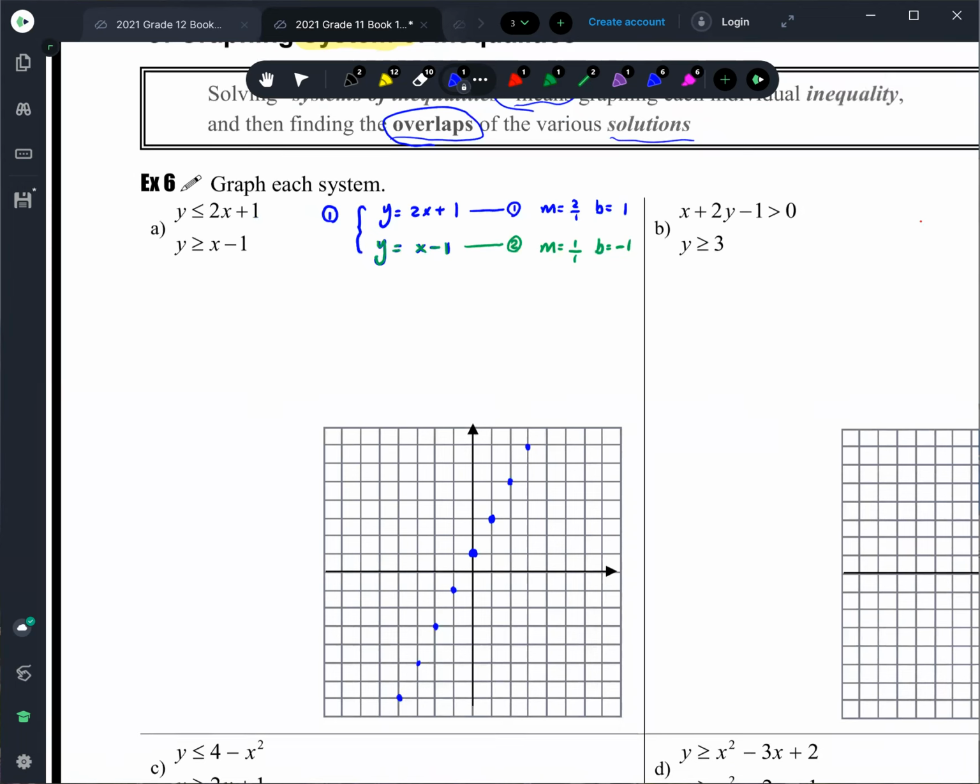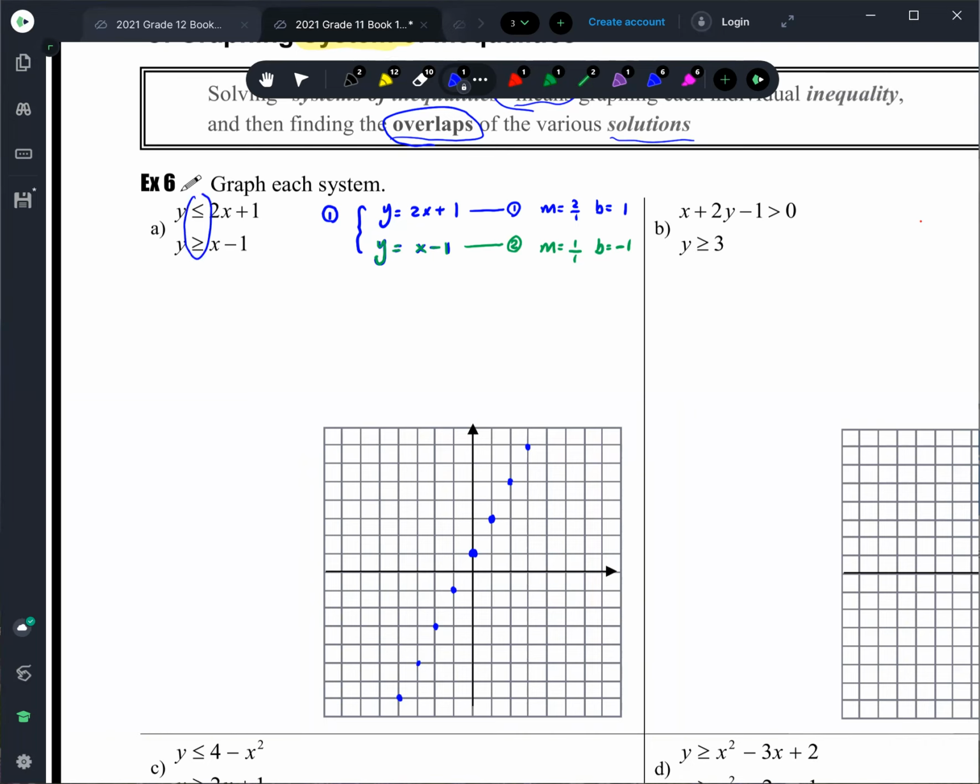Solid line or dashed line? Wilson? Solid line or dashed line? It's solid, isn't it? How do you know? Because it's straight. No, not because it's straight, all of them are straight. You have to look at the inequality. Look at the question. Do you see an equal sign?